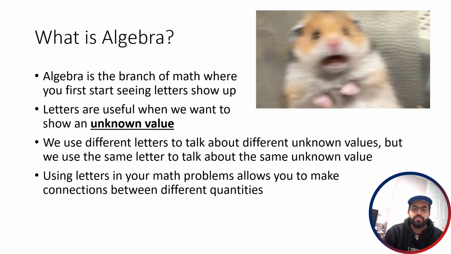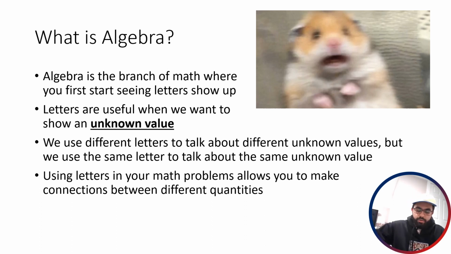So the letters are useful in a math problem when you want to talk about a value that you don't know, right? When you want to show that you're not sure what this value is supposed to be and you need to do some math to figure out what that answer is. Or sometimes it'll show up in situations where you don't care what the number is and you'll allow it to change every time that you go through the problem.